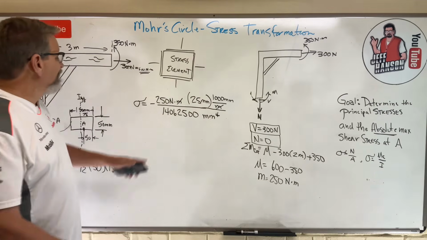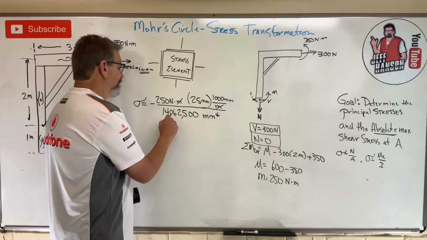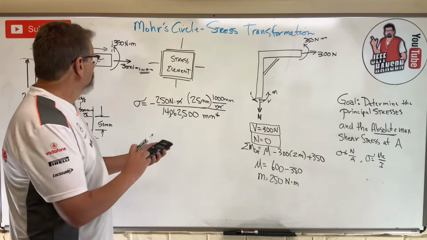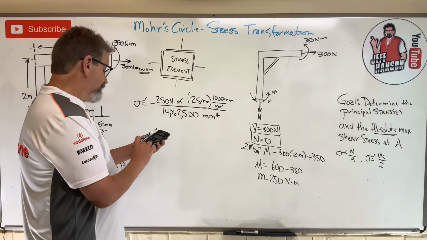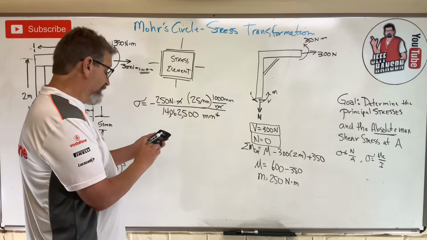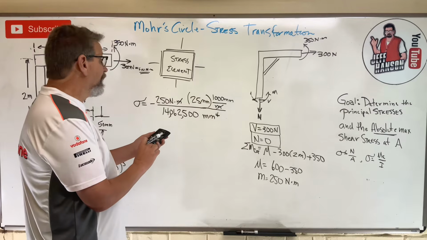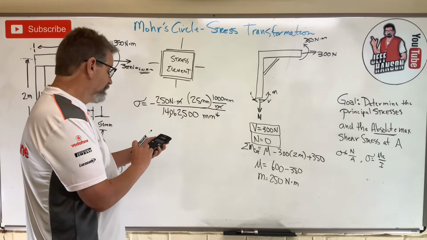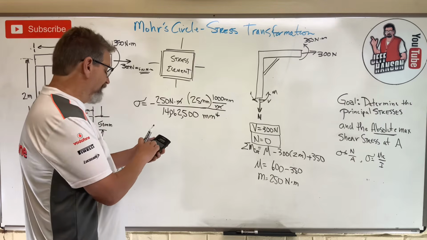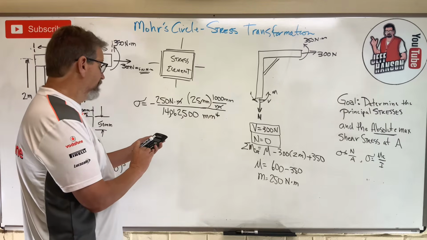Are you scared of big numbers? I'm not scared of big numbers. My calculator doesn't seem scared of it. Here we go. 250, right, times 25 times 1,000, and then I'm going to put divided by answer, right? That giant answer I had.